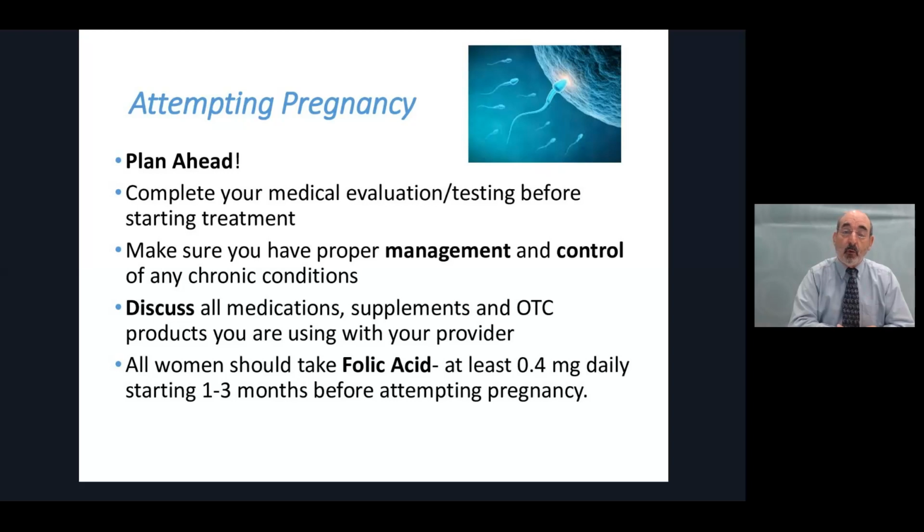And that's why it's so important to discuss everything you're taking with your providers. And also, if you have multiple providers, let us know who you're seeing so we can all work together. As I mentioned, it's important to begin and continue on folic acid throughout the time attempting pregnancy, and definitely through at least the first trimester of pregnancy.